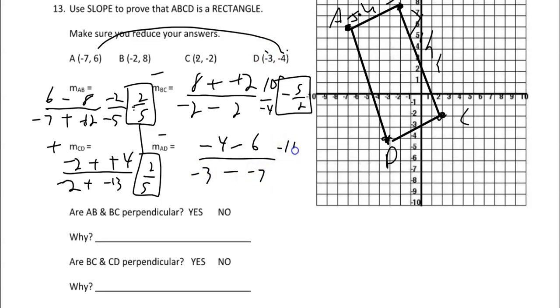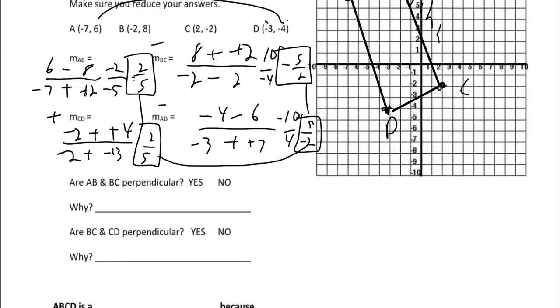That leads me to negative 10 over positive 4, which again reduces to negative 5 over 2, or 5 over negative 2. Notice that these are the same. Okay, so opposite sides have the same slope, so it's definitely a parallelogram, and consecutive sides have opposite reciprocal slopes.